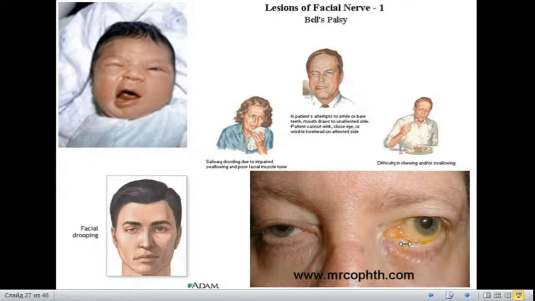First of all, tearing. It is because of lack of tonus of lacrimal part of orbicularis oculi muscle, and also secretion of lacrimal fluid will be disturbed due to the presence of greater petrosal nerve, providing parasympathetic innervation to this gland.